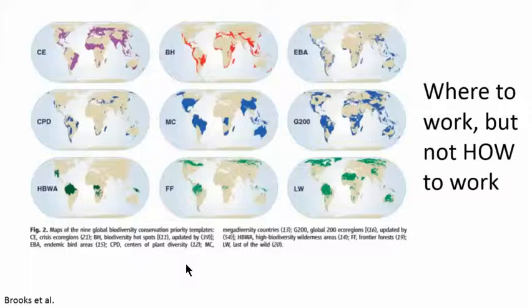So Brooks et al. is the fundamental reading for this lecture. And if you look at these 9 different hotspot maps, particularly the one in the upper left and the one in the lower right, that are looking at different values for conservation. The one on the lower right is last of the wild, and the one on the upper left is crisis ecoregions.